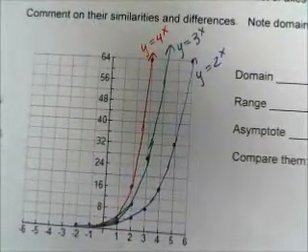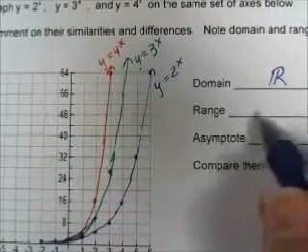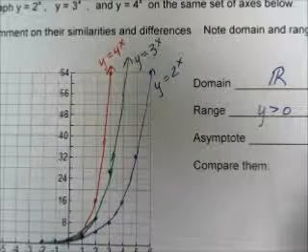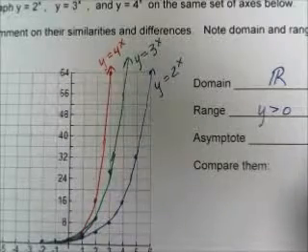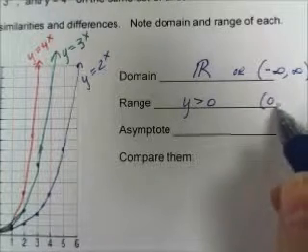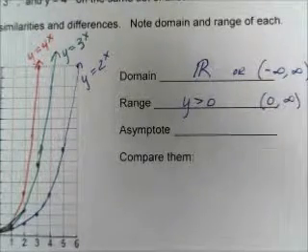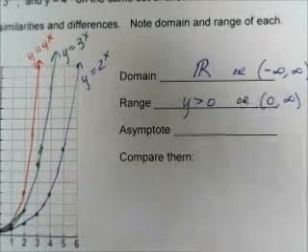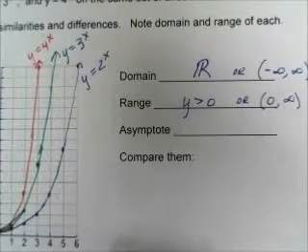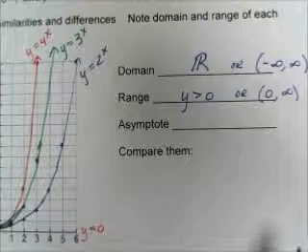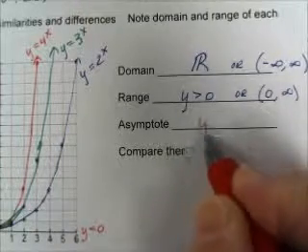The range, all of our y values are greater than 0. So y is greater than 0. Or interval notation would be parentheses 0, comma, infinity, parentheses. And the asymptote, again, is the x-axis, and the equation of the x-axis is y equals 0. That is our horizontal asymptote.